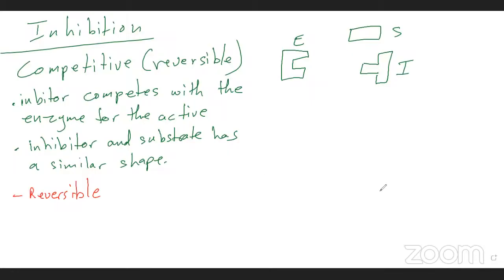That is how we can improve the rate, but it's reversible because the inhibitor doesn't stay there forever. It will actually come off after a point in time. But say you increase the concentration of the substrate, you do that if you want to improve the rate of the reaction.